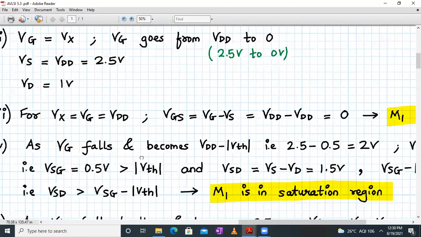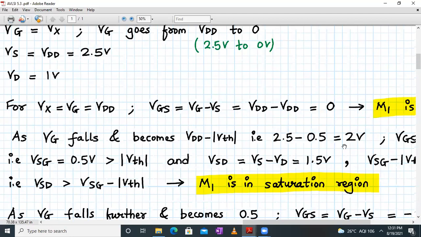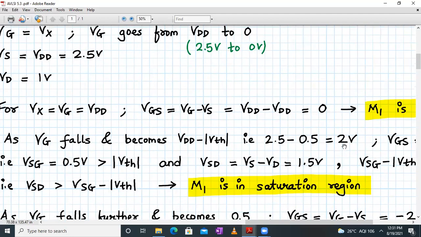Fine. Now, as my VG value falls from 2.5 volt and becomes VDD minus mod of VTH, that means if my VG value becomes 2 volt, let us see what will happen.